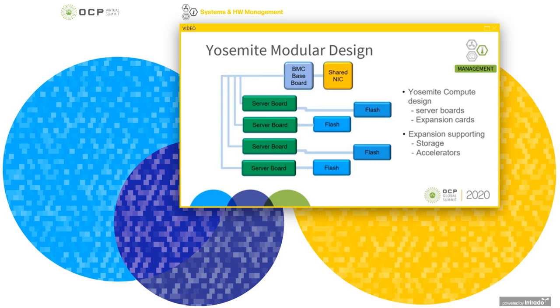You can have 2 to 4 server boards with expansion cards in a system. The expansion cards can be a bunch of flash or a bunch of accelerators. Let's discuss flexibility of design versus system manageability.